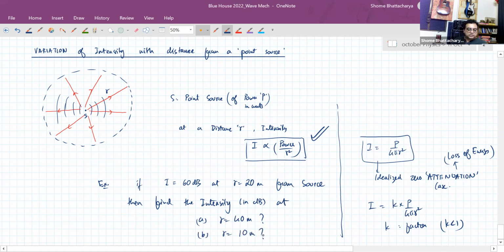If I go closer and I reduce the distance from 20 meters to 10 meters, then how much is the intensity I'll hear? Or if I go further away and increase the distance from 20 to 40 meters, then how much will be the intensity I'll hear?